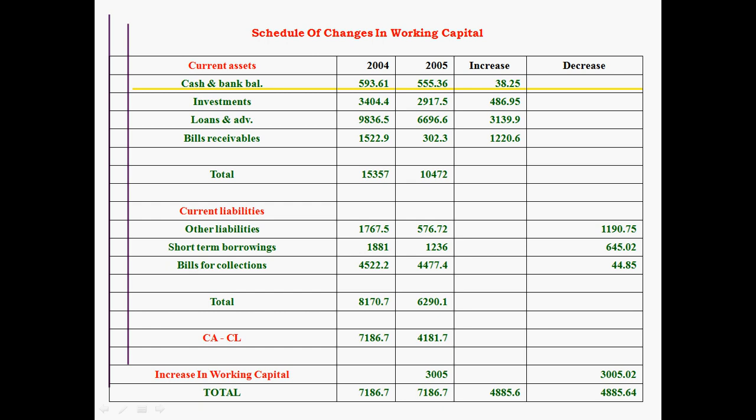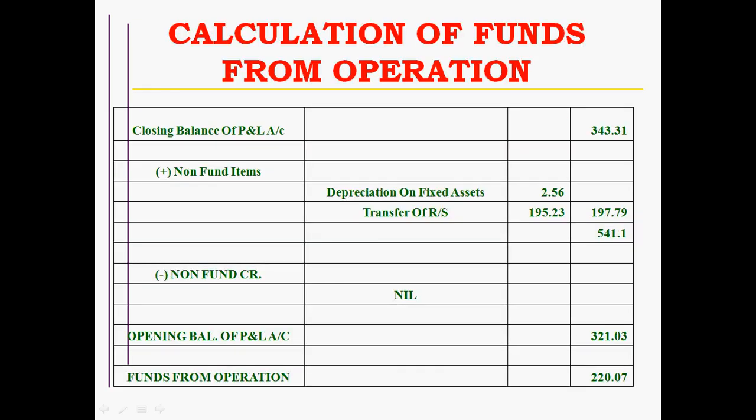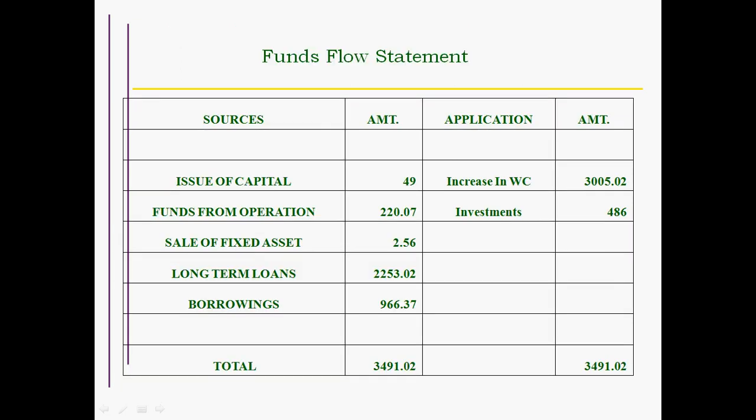So you can see there is an increase in working capital because of the decrease in current liabilities. Now there is a calculation of the fund flow, in which the closing balance of the profit and loss is considered, and you add the non-fund items like depreciation of fixed assets and transfer to reserves, then subtract the non-fund items which are not there, and the opening balance of profit and loss. Then you can calculate the fund from operations.